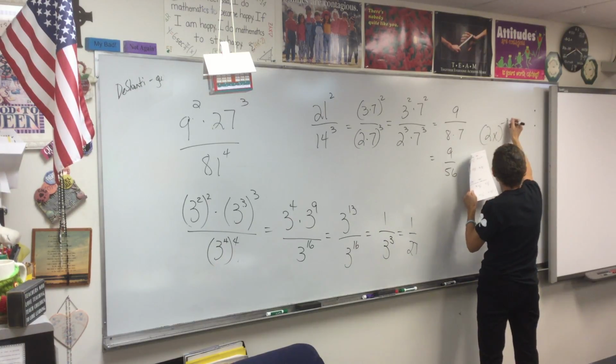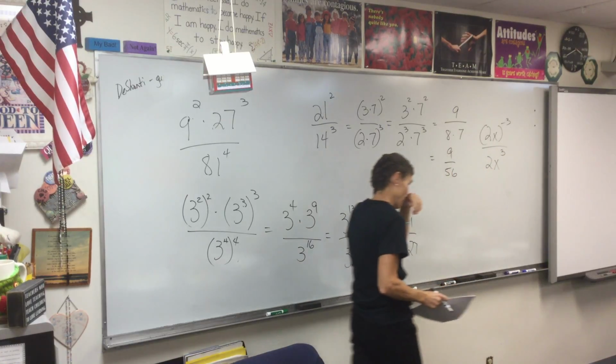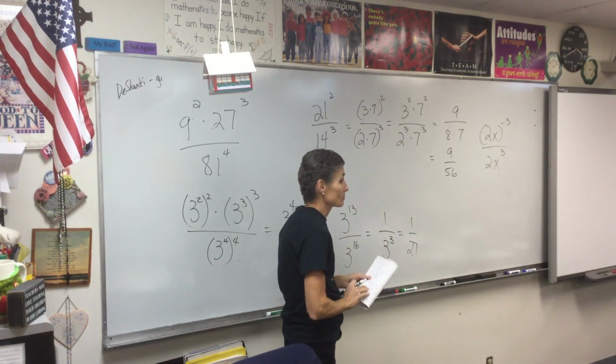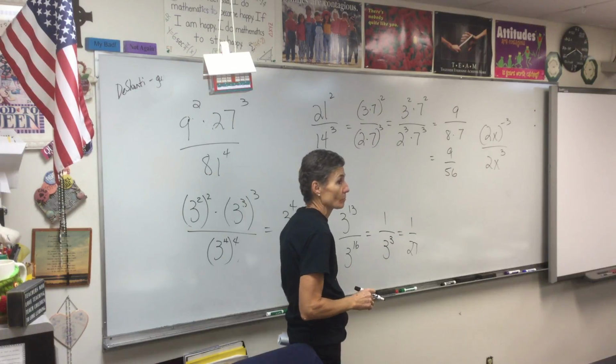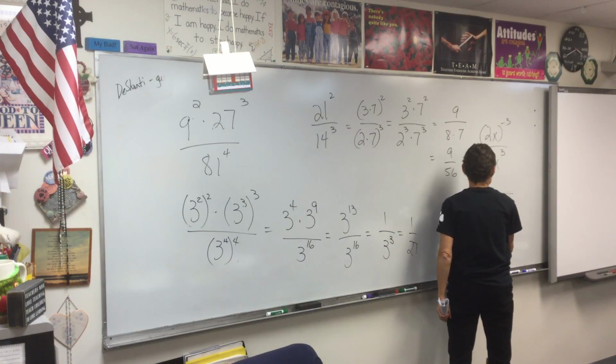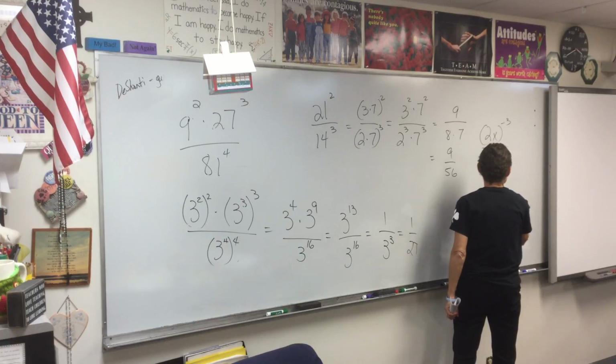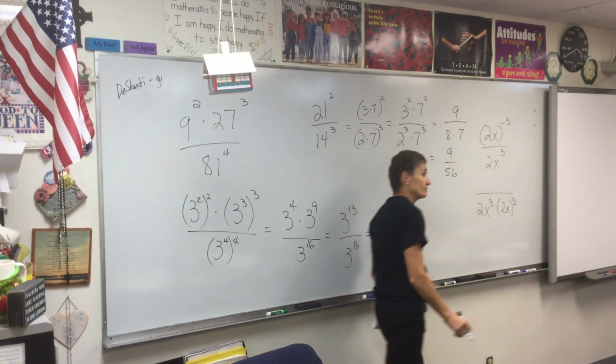Number 2. 2x to the negative third over 2x cubed, all right? How are you going to start that one? Bring 2x. You're going to bring this guy down. So we got a 2x cubed down here already, and then down is coming the 2x cubed.